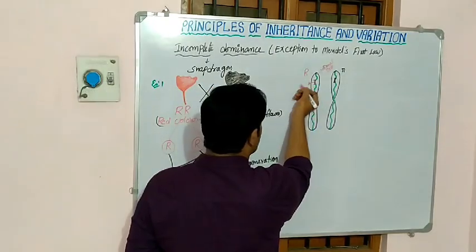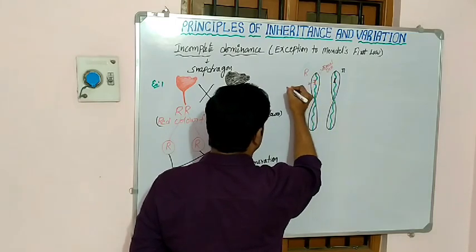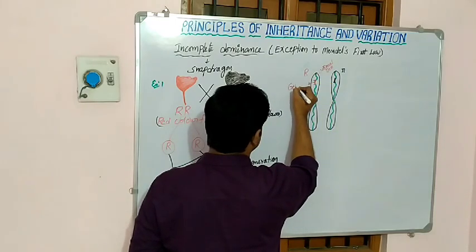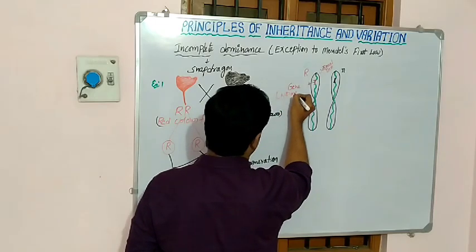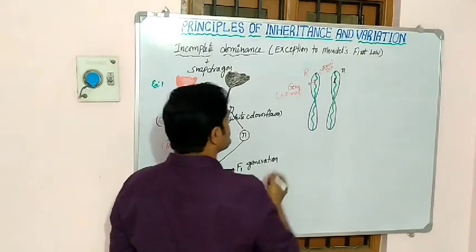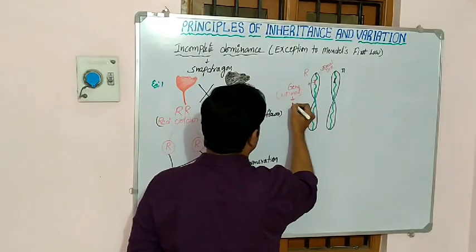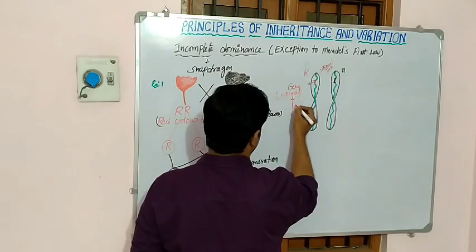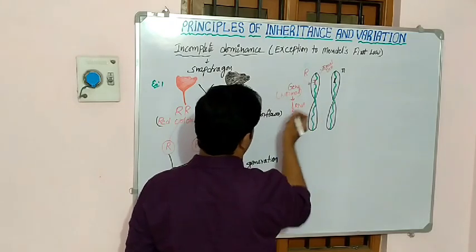So this normal DNA produces the normal gene here. Which type of gene is it? Normal gene. Then this normal gene produces the normal RNA. This is called normal RNA.